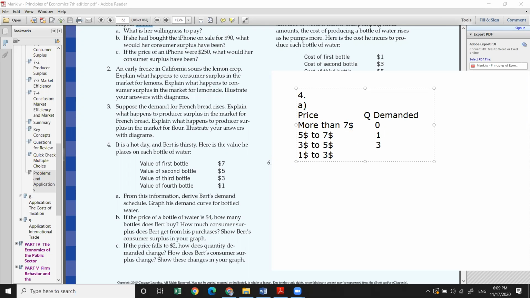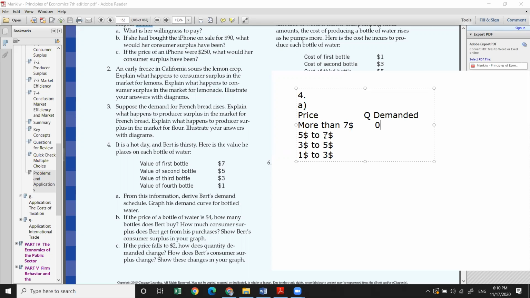Let me just go again. Just a second. At more than $7, he will not get anything, because the maximum price he is willing to pay is $7. For the first bottle, he was willing to pay $7.